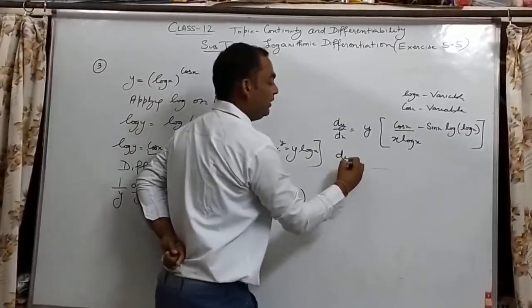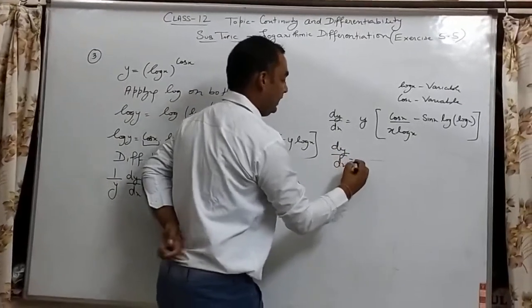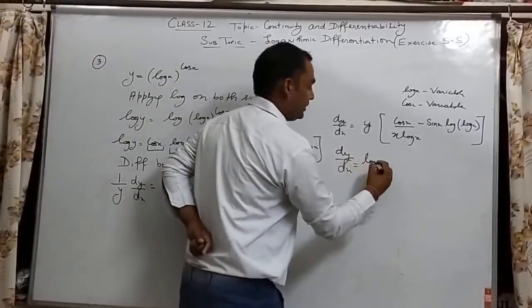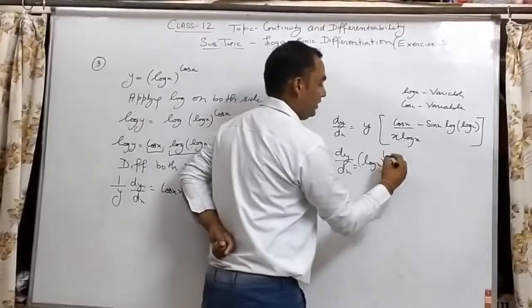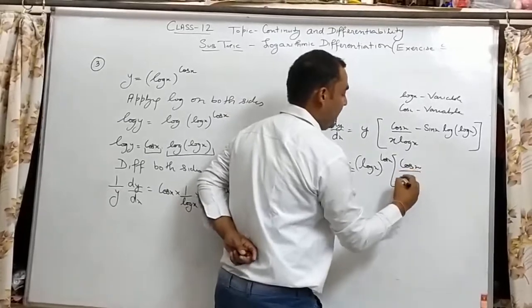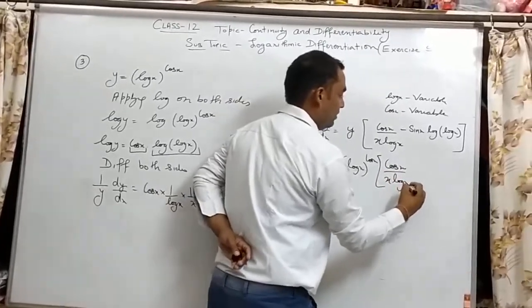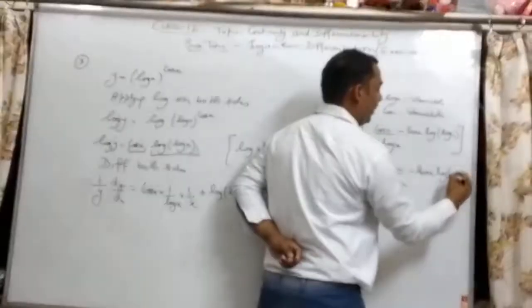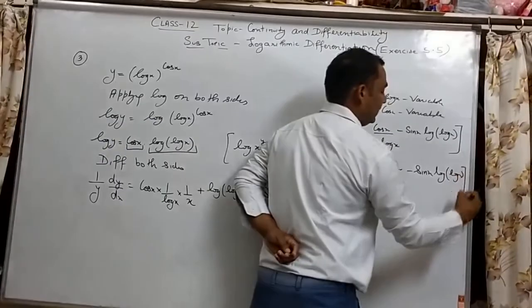Now substituting the value of y, we get that y is equal to log x raised to power cos x into cos x upon x log x minus sin x log of log x. This is the answer.